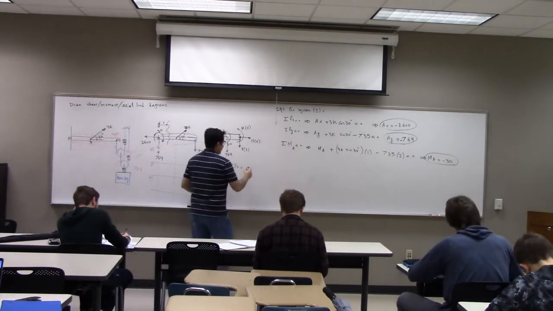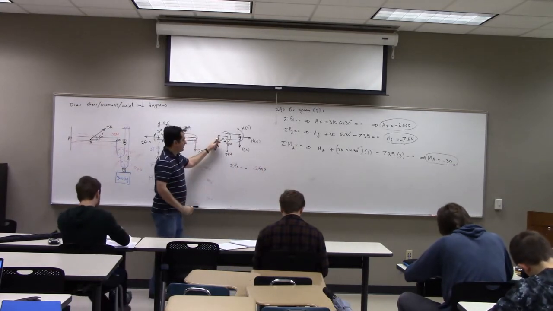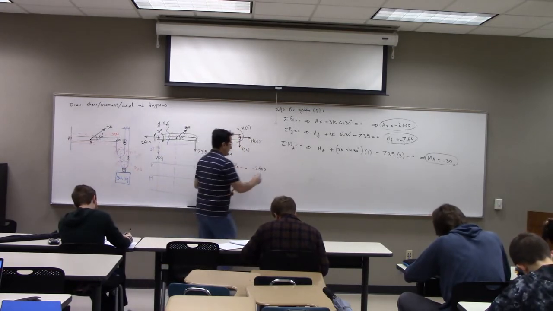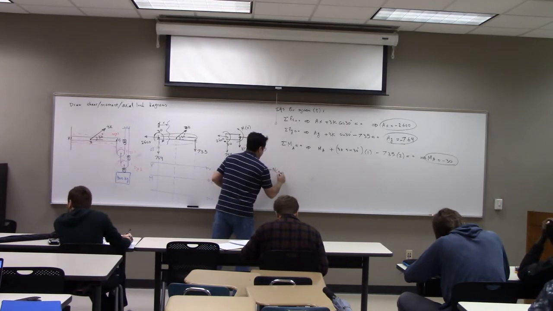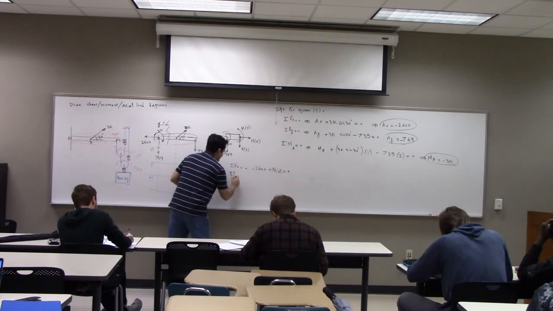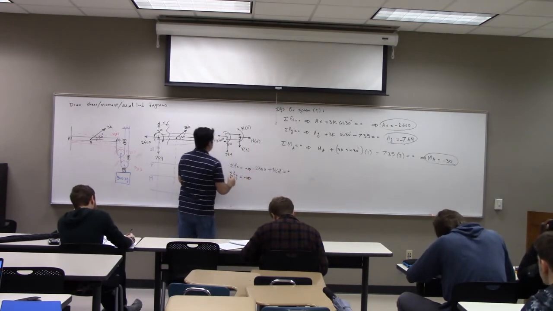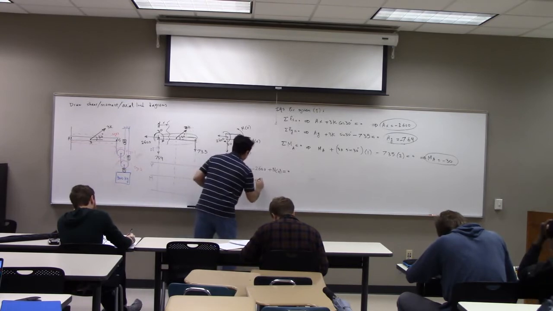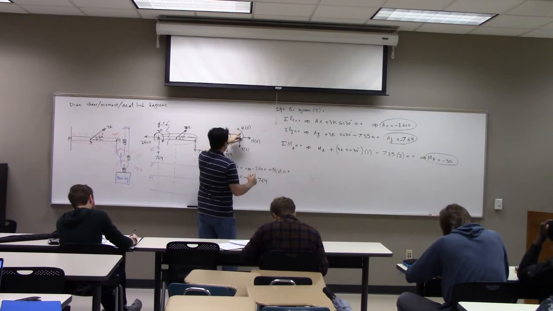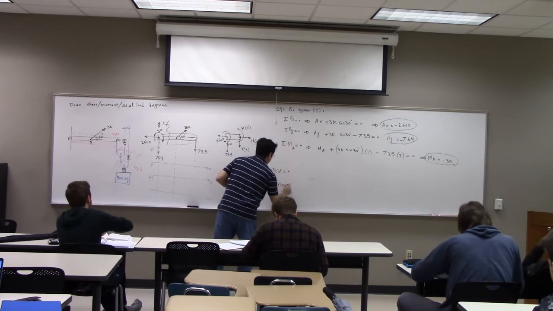For that I get negative 2,600 plus N of X equal to 0. Summation of force in Y is 0. That means you get negative 764 minus V of X equal to 0.